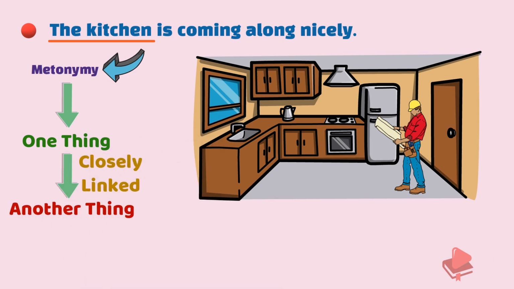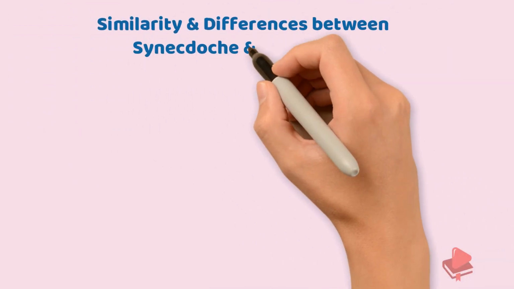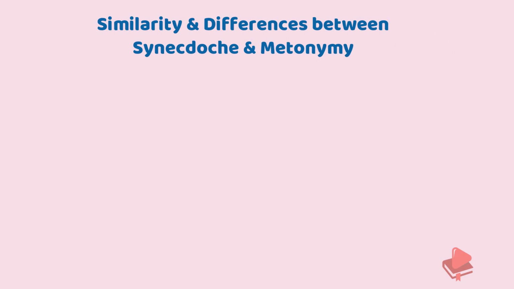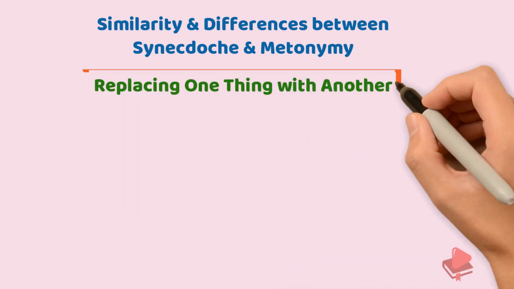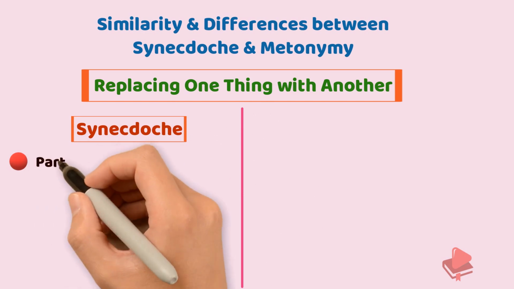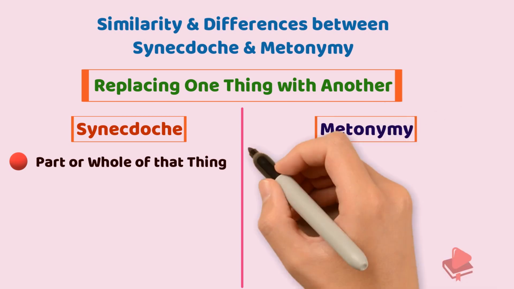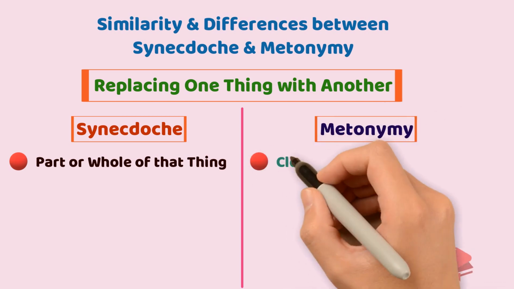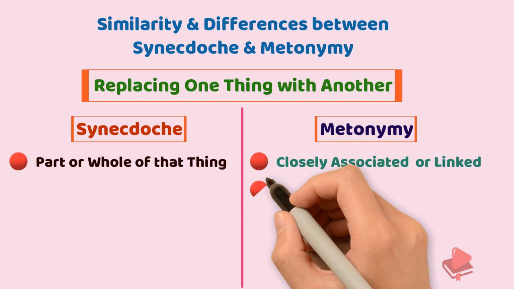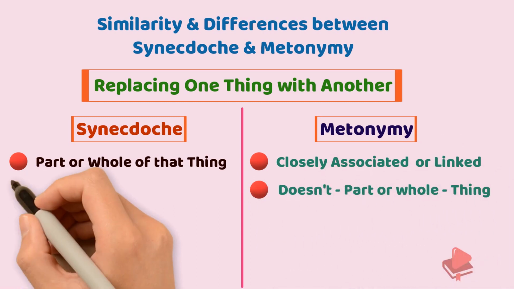Now you might get confused between synecdoche and metonymy, as in both we are replacing one thing with another. Let me inform you, in synecdoche, the replacing thing is a part or the whole of that thing, whereas in metonymy, the replacing thing is closely associated or linked with it. It doesn't necessarily have to be the part or whole of the thing.